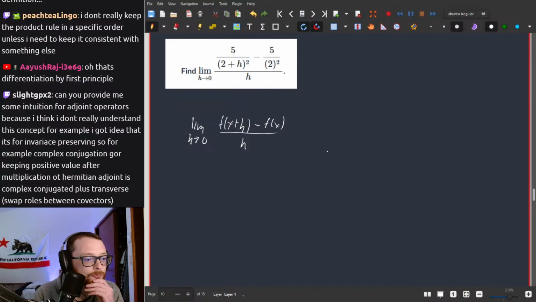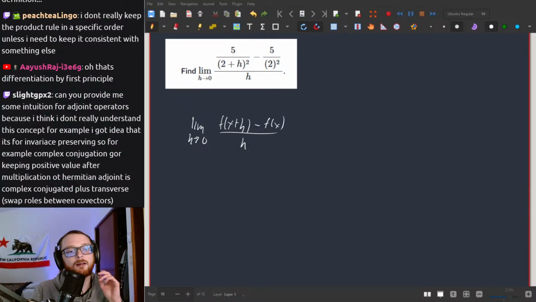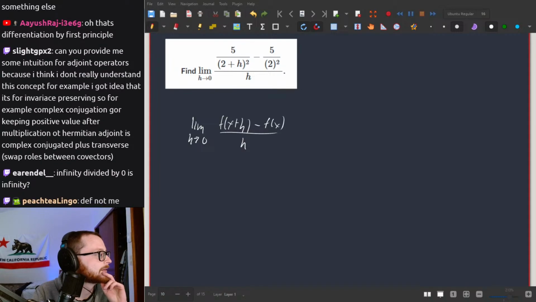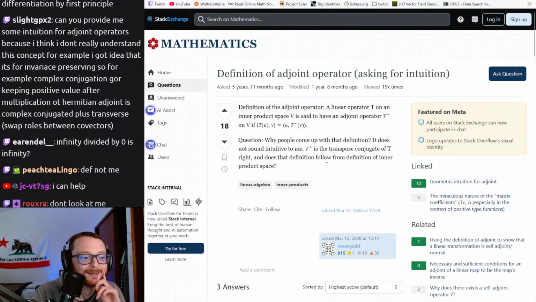Adjoint operators. Oh gosh. I bet if you ask that question at the right time, there'd be someone in chat who would know that. The best I can do for you is a Stack Exchange thread, though, I think.